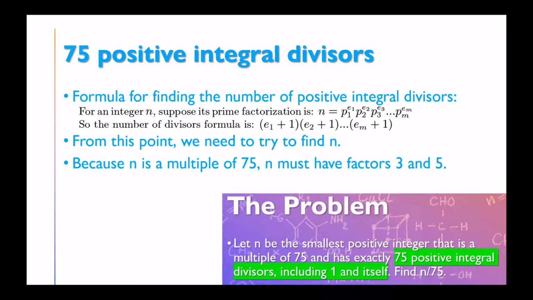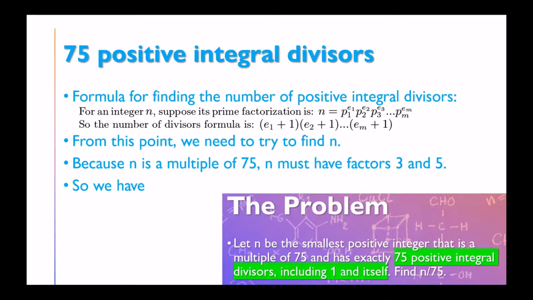Because n is a multiple of 75, n must have factors 3 and 5, because 75 is equal to 3 times 5 squared. So if n is divisible by 75, n must be divisible by 3 and 25, just like what we saw in the last slide.